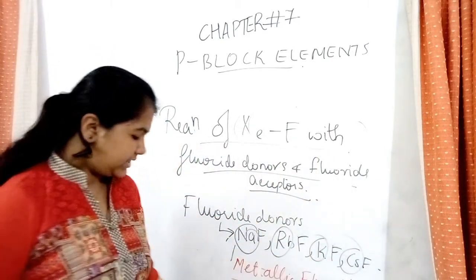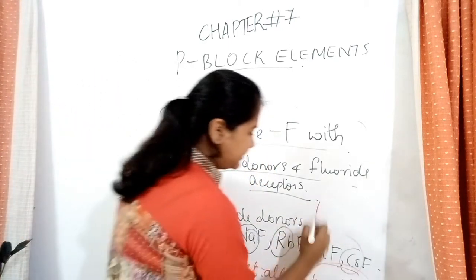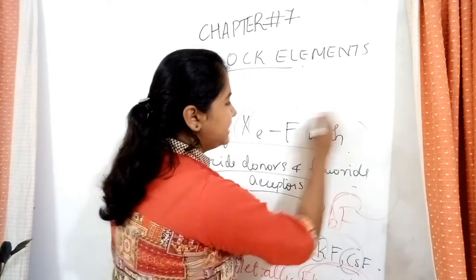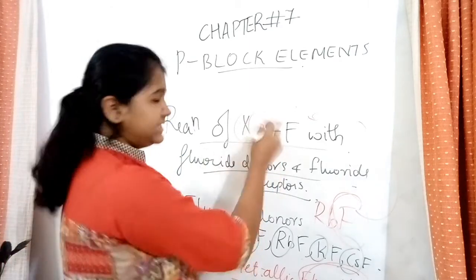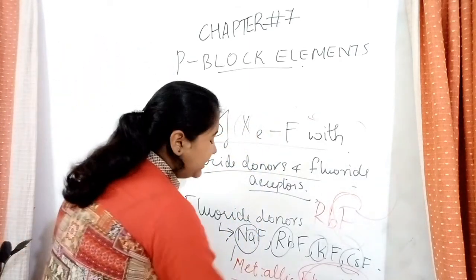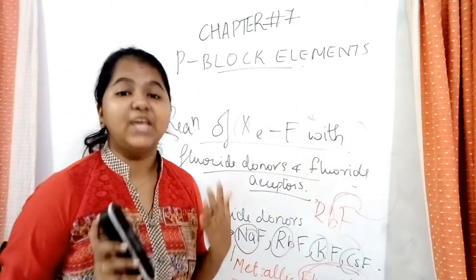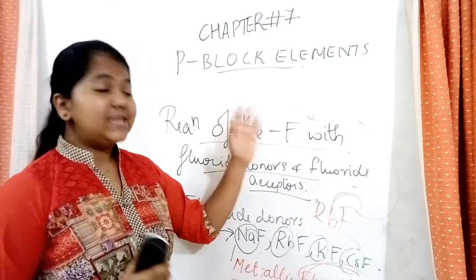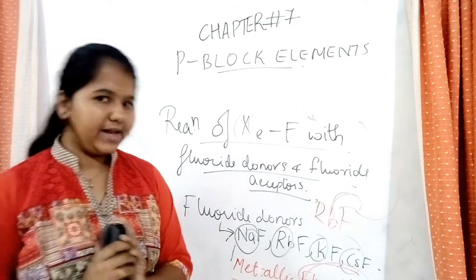They would take their fluorides, for example, if this is RbF, they will take this and give it to the XeF2, XeF4 or XeF6. That is what is happening over here. So what would they form after they donate? They would form an anionic species. So that is what is happening when the reaction between xenon fluorides and fluoride donor atoms happens.